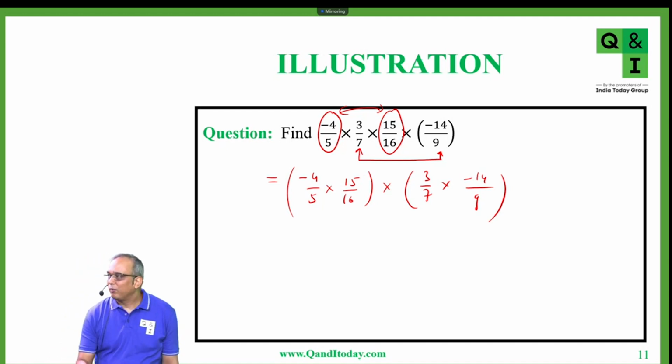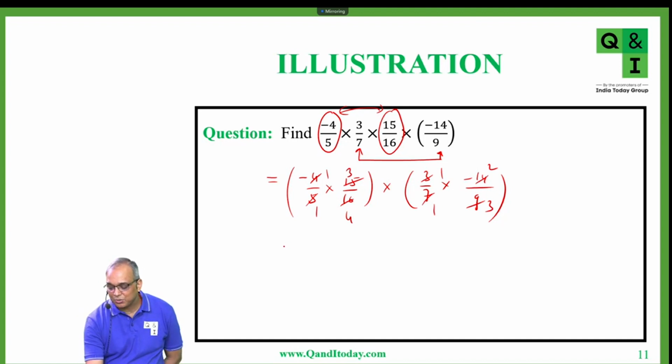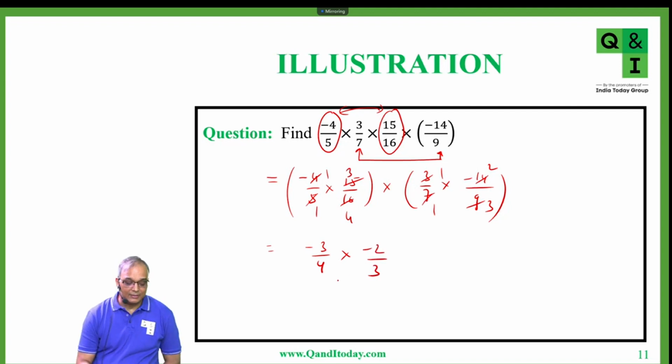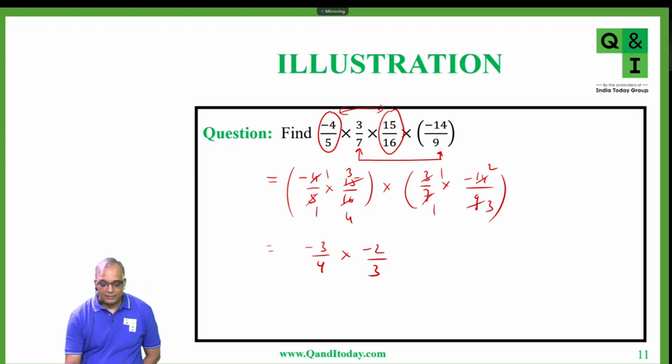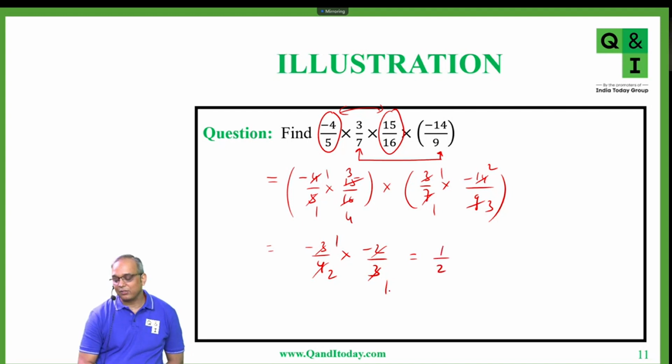Now let's say we are cancelling this. 5 goes 3 times and 4 goes 4 times. Similarly, 3 goes 3 times, and 14 by 7 is 2. So this will give you minus 3 over 4 into minus 2 over 3. Clear? When you cancel this, negative into negative will give you positive. So this will be 1 over 2. So 1 by 2 is the answer here.